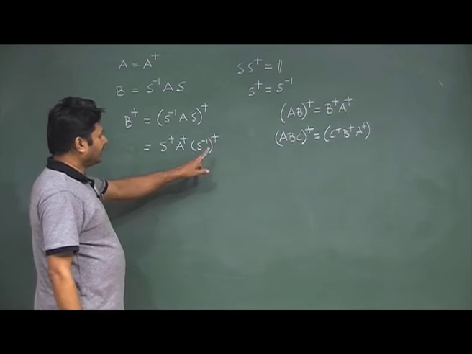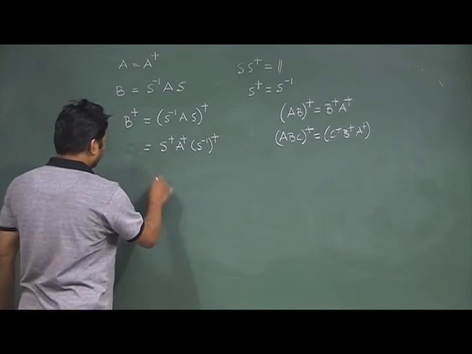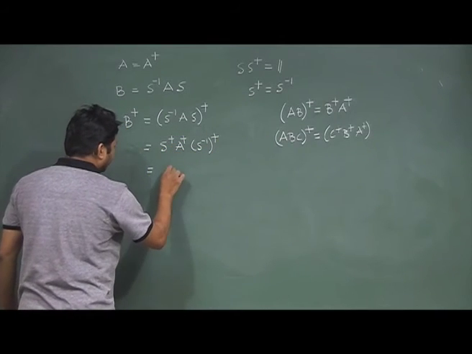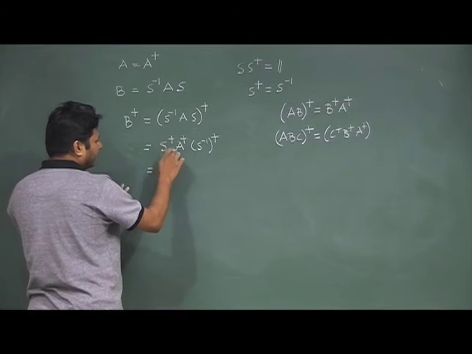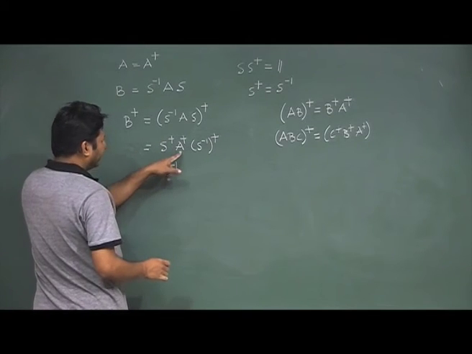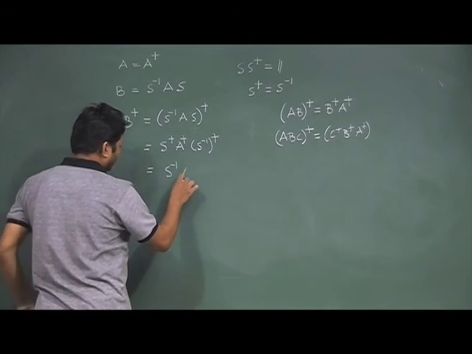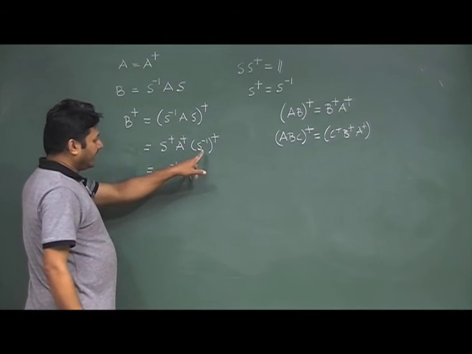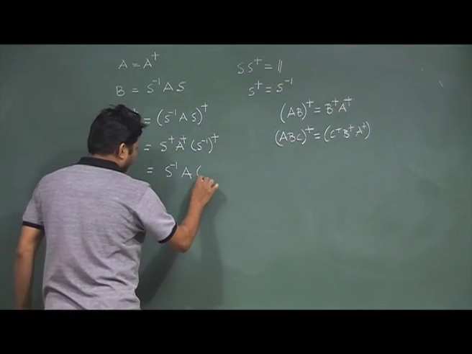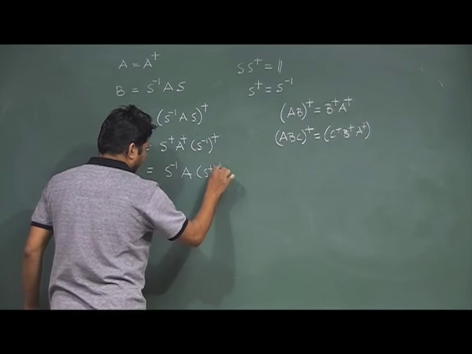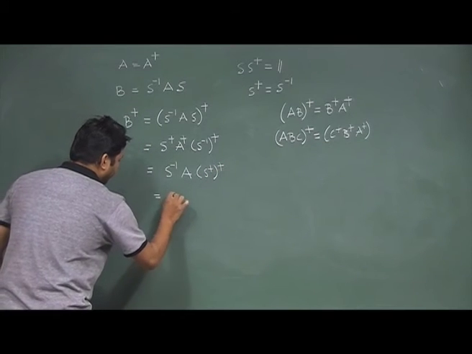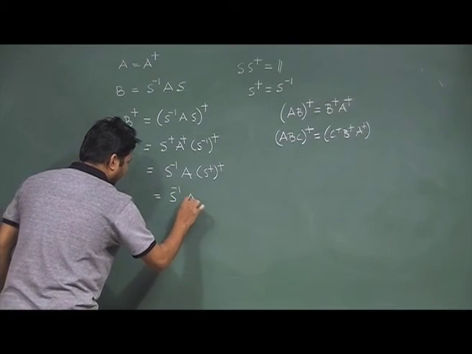Now, S inverse is already dagger. So, it is S dagger, I can replace to inverse. A dagger is A, I already know. S inverse is S dagger. So, this is S dagger dagger. So, finally, I have S inverse A S.